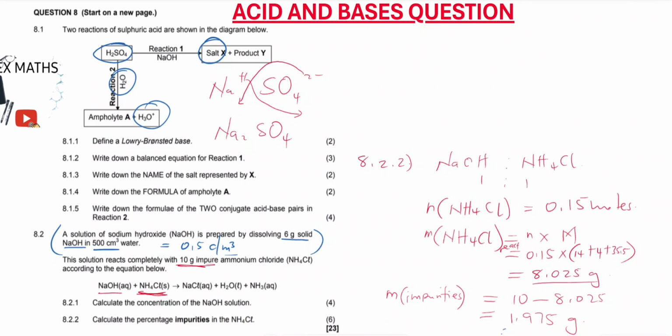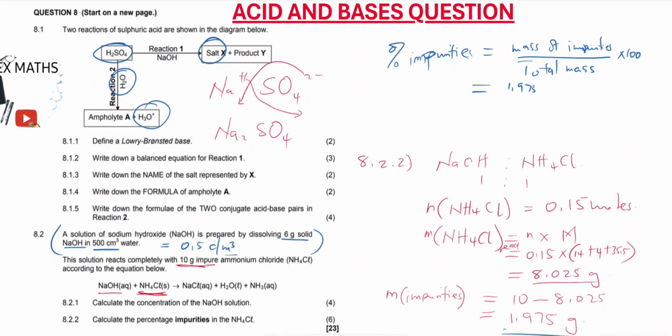After getting the mass of impurities, now I want to see the percentage impurities. That is going to be mass of impurities over the total mass multiplied by 100. The mass of impurities, that is 1.975, over the total mass which is 10 grams and multiplied by 100.